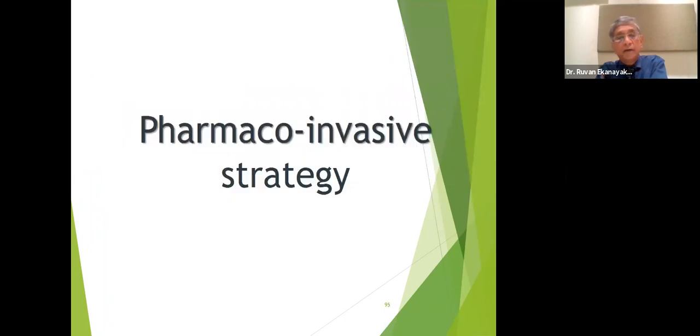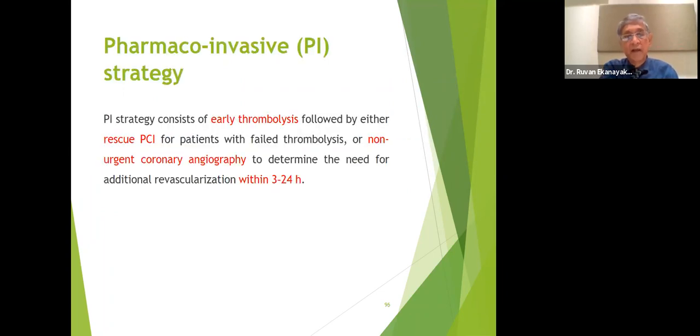what we now recommend is what is called the pharmacoinvasive strategy. Now, in this strategy, all patients who come to these hospitals with acute myocardial infarction, which is confirmed, will receive early thrombolysis as soon as possible within 30 minutes, followed by a rescue PCI for failed thrombolysis or non-urgent coronary angiography within 3 to 24 hours.